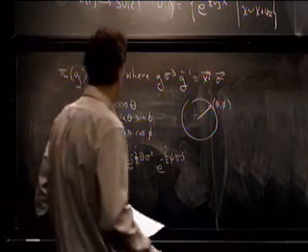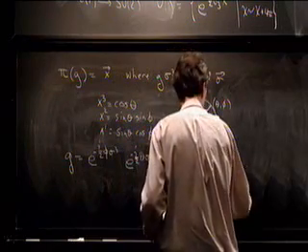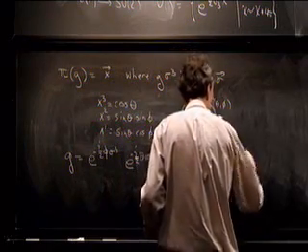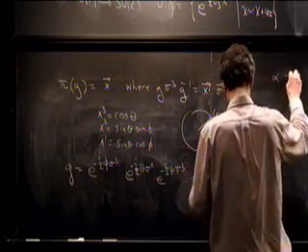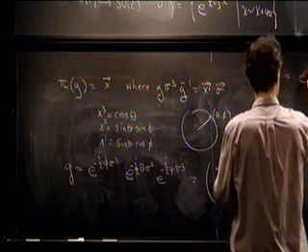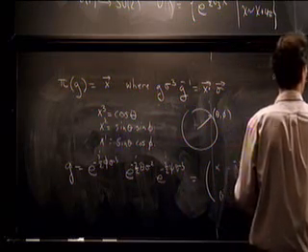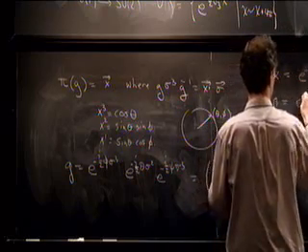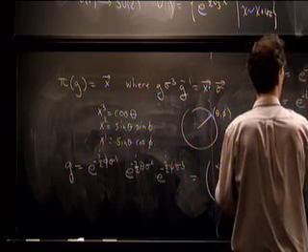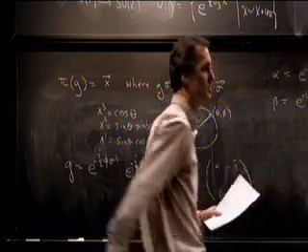Okay, so now if you multiply this out, you'll get alpha beta minus beta bar alpha bar, where alpha is e to the minus i (psi plus phi) over 2 cosine theta over 2, and beta is e to the minus i (psi minus phi) over 2 sine theta over 2.